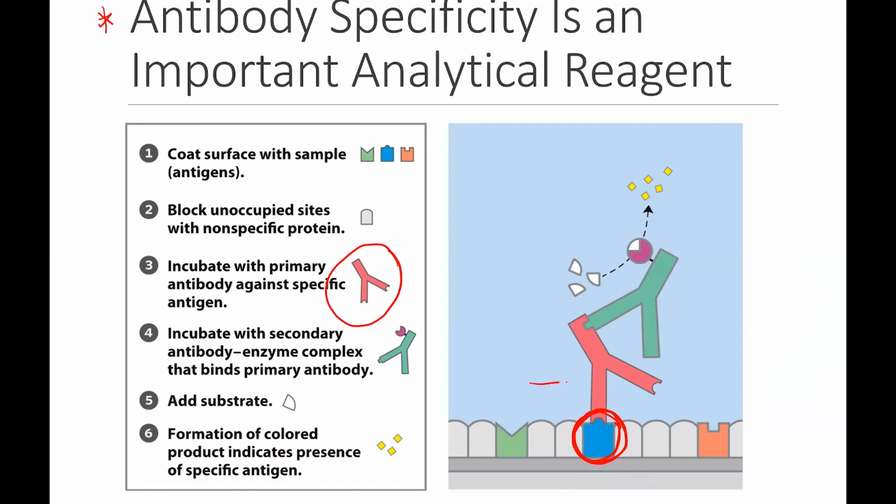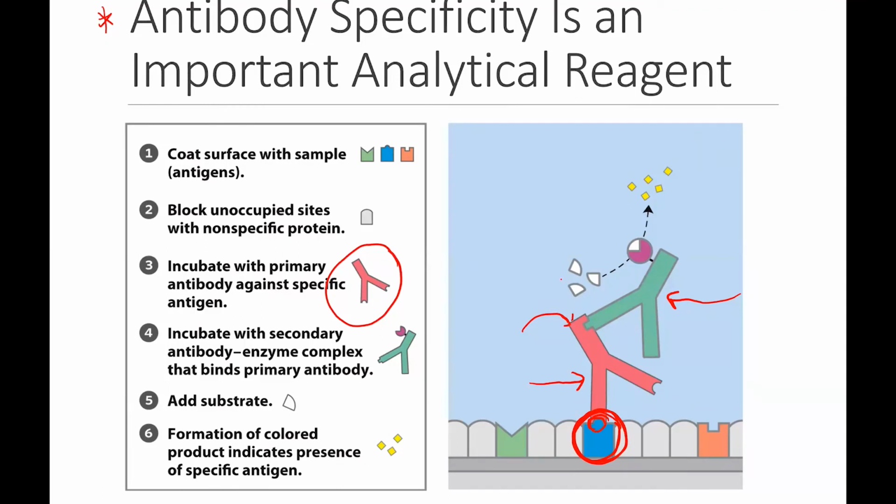So we'll first put an antibody that's designed to just bind our protein. And then after adding that, we will then incubate with a secondary antibody that is designed to recognize the first antibody that we put in.